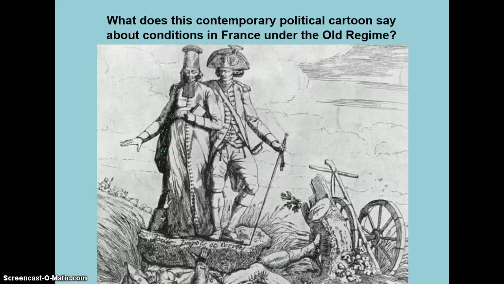Here's a cartoon that depicts the ancient regime and the conditions of the time. And when we look, we see the first estate with the high clergy, and the second estate, the nobility, and we see them basically as a huge burden, a big rock basically on the chest of the third estate, the 25 million other French citizens who had absolutely no exemptions from taxation, and created the burdens for the majority of the French people.